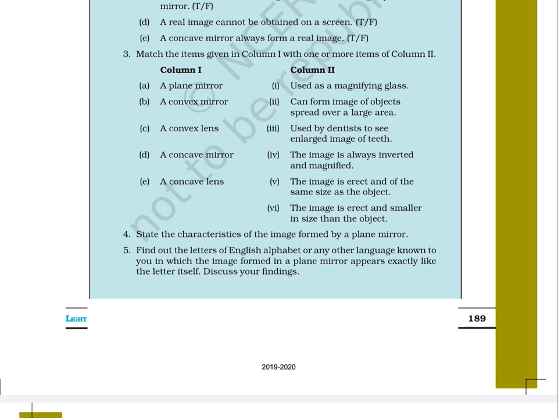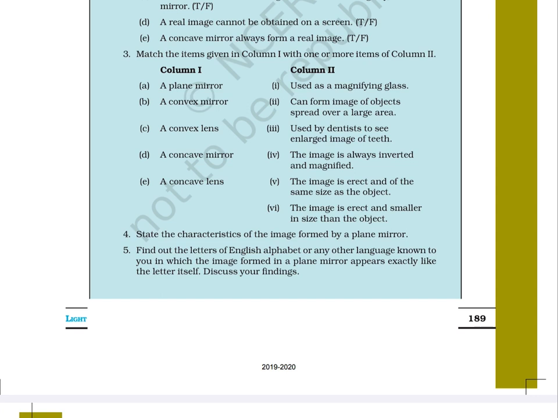Can form image of objects spread over a large area. 3. Used by dentists to see enlarged image of teeth. 4. The image is always inverted and magnified. 5. The image is erect and of the same size as the object. 6. The image is erect and smaller in size than the object.